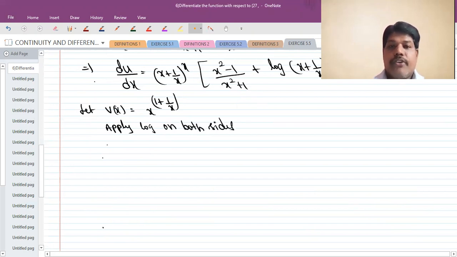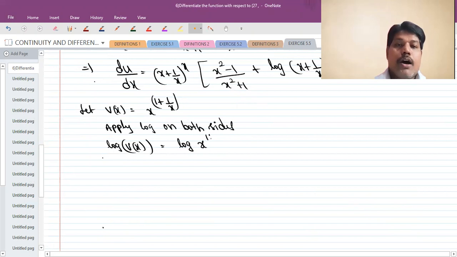What happens? If you apply the log, you will get log v of x is equal to log of x power 1 plus 1 by x.